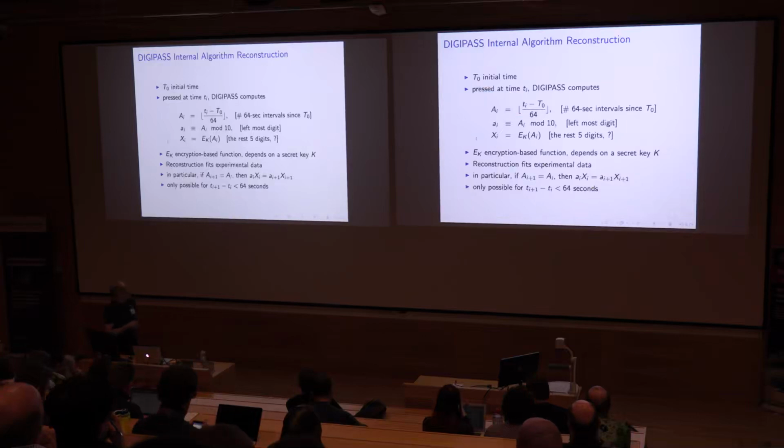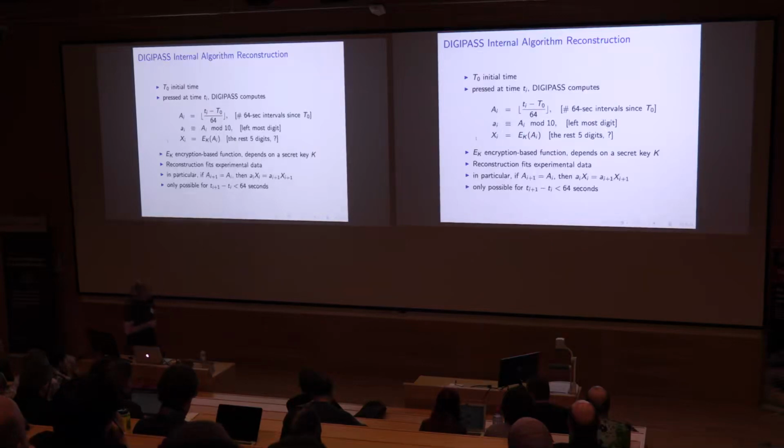And the remaining 5 digits depend on some secret key. They should, otherwise the system is not strong at all. Another input to this function is the number of 64-second intervals.